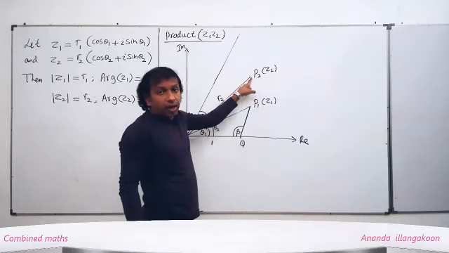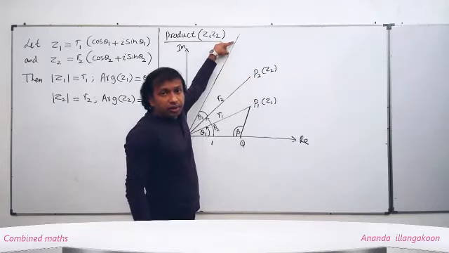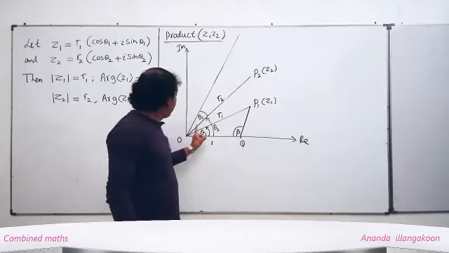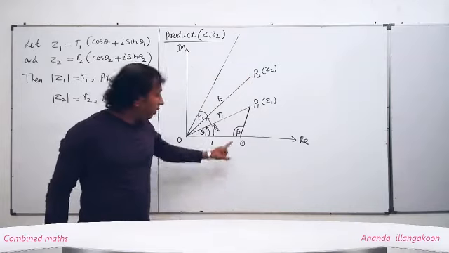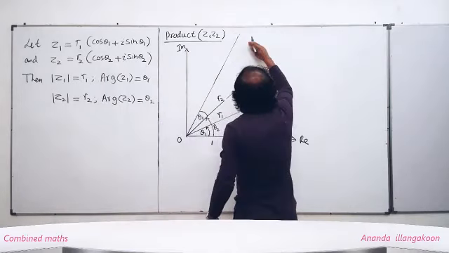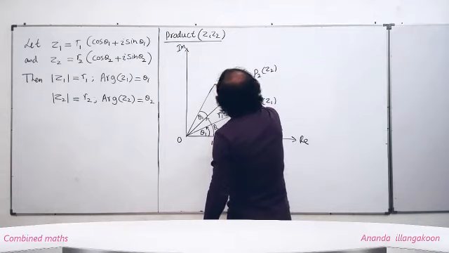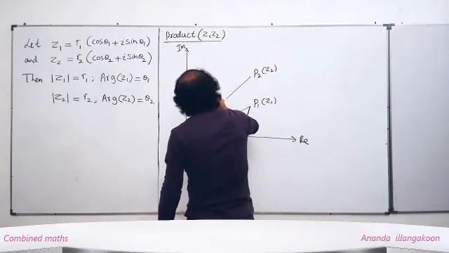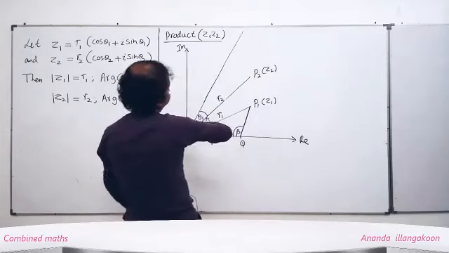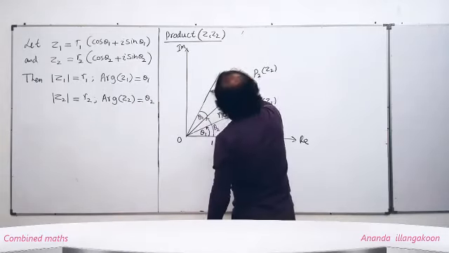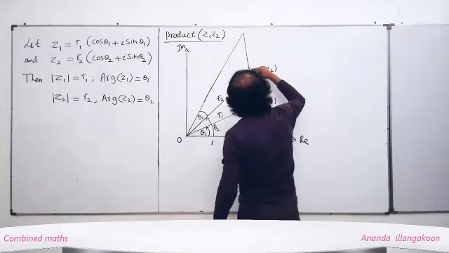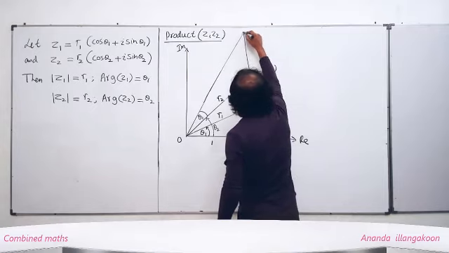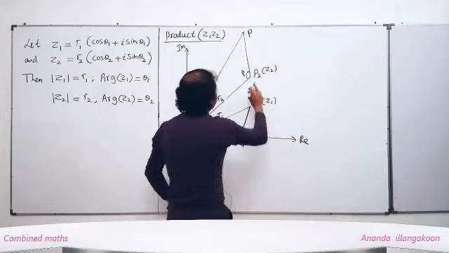That line cuts the line we just now drew at a point P, so that this angle OP2P becomes beta, equal to this. See here, I draw here a line this way. This angle is beta. This is P.